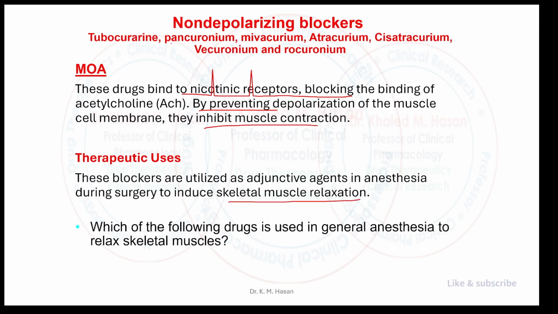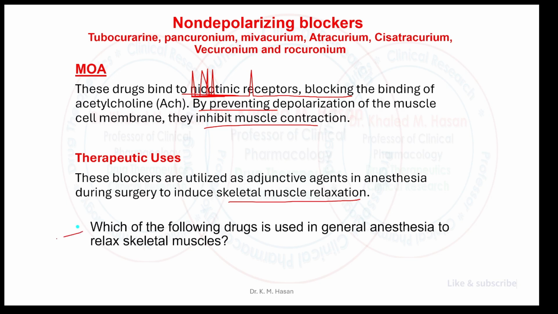This group of medications is considered non-depolarizing blockers: tubocurarine, vecuronium, mivacurium, atracurium, pancuronium, rocuronium. These medications bind to the nicotinic receptor and prevent depolarization, causing skeletal muscle relaxation.